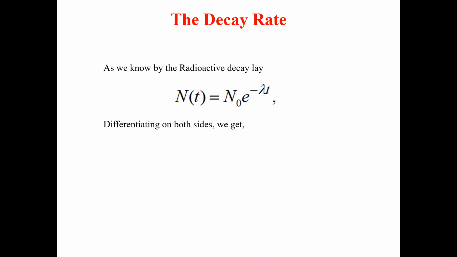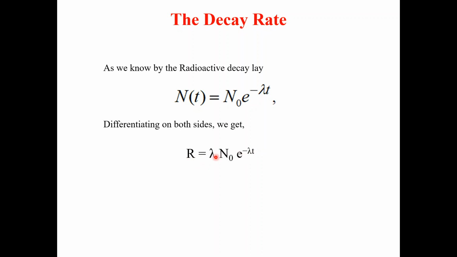So if we differentiate it on both sides with respect to t, we will get R is equal to lambda N naught exponential minus lambda t. So how do we get this?